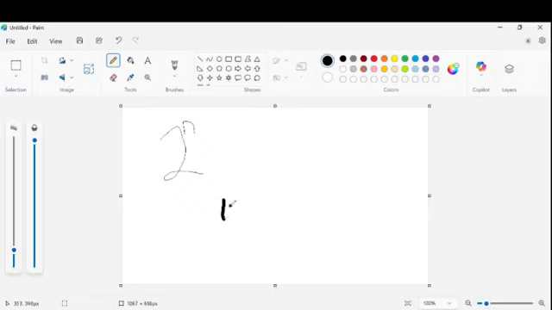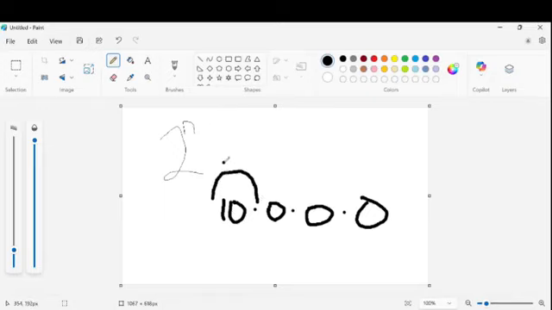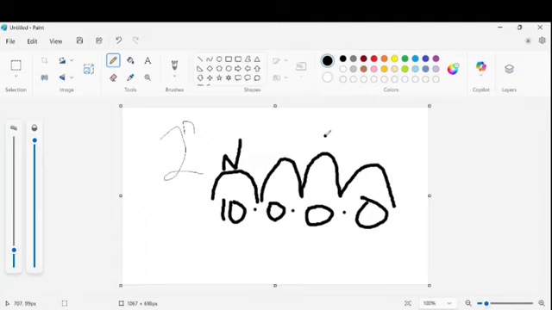If I have 10.0.0.0, in this case, this first part will be the network, while the rest will be the host.